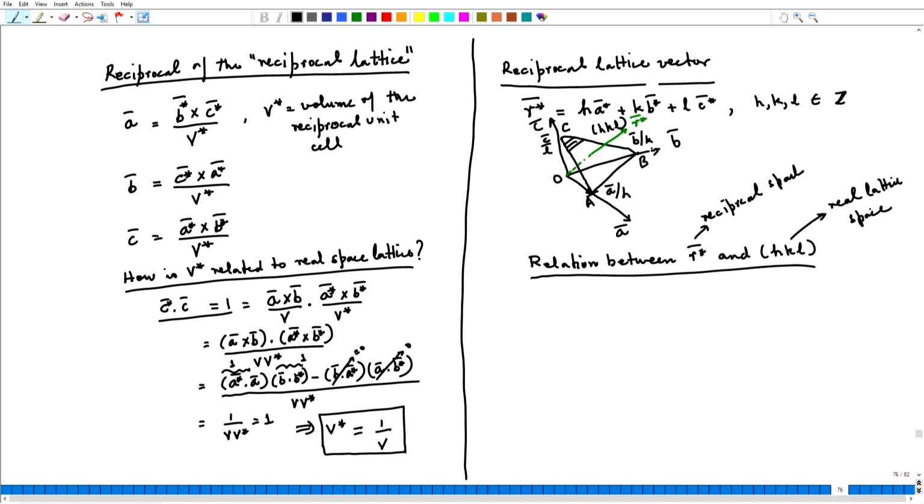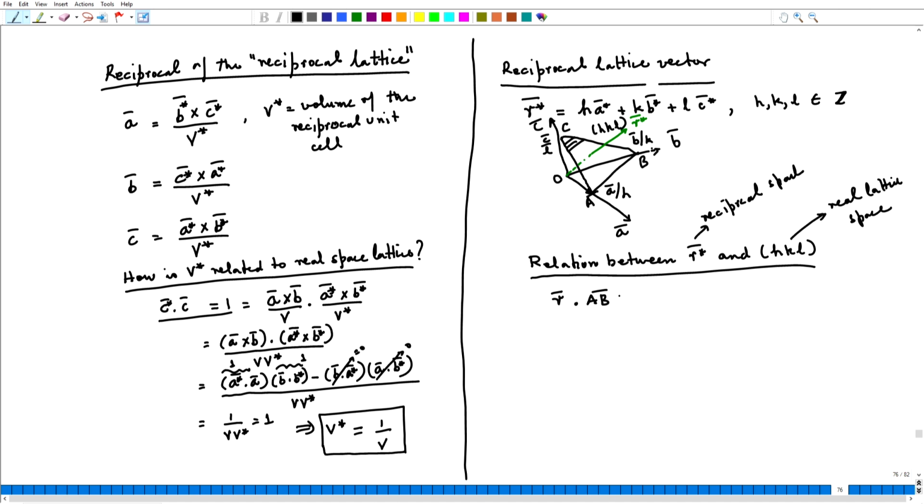I want to find out what is the relation between R star and HKL. So, let us look at the vector R star and the vector AB, and let us take the dot product between the two.